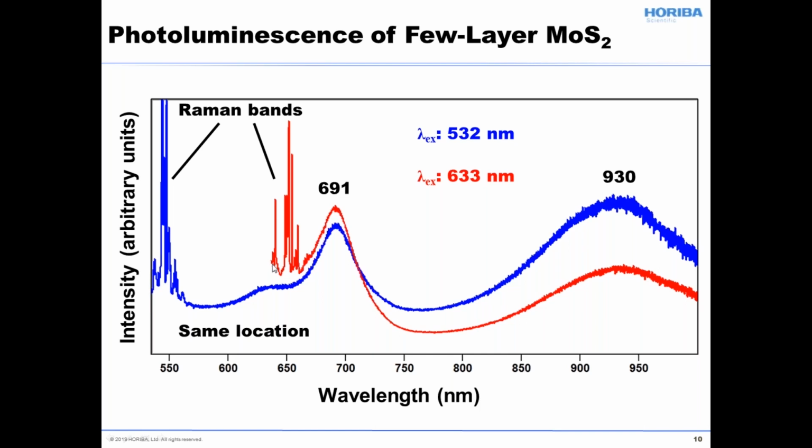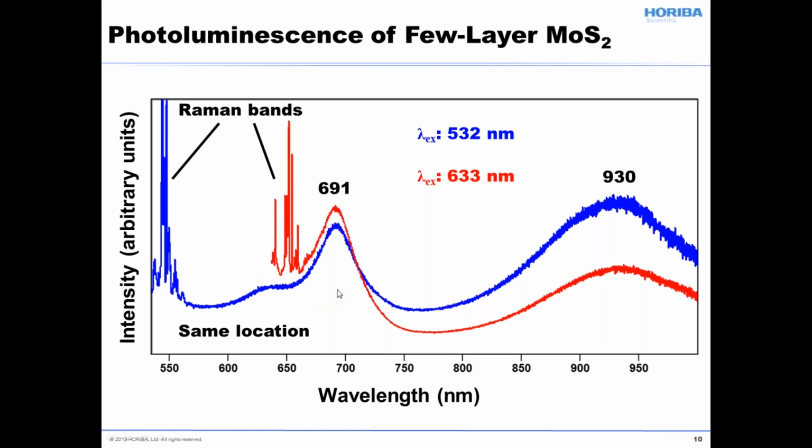So the Raman bands are always shifts on a Raman shift scale. They appear at different wavelengths on an absolute wavelength scale. Conversely, the photoluminescence, being an emission, occurs at the same absolute wavelength, irrespective of the excitation that you're using, as long as you're able to couple in to that same absorption.